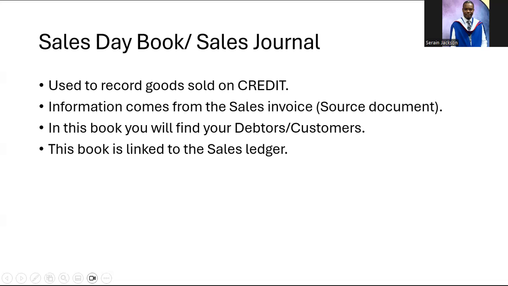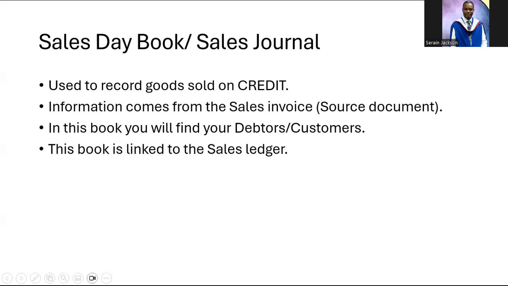Now in this book, you will find your debtors or your customers, you can call them, right? And this book is linked to the sales ledger. So it is important that you remember that this book is linked to the sales ledger, right? And if you remember from my last video, when we were talking about the purchases journal or the purchases daybook, you'll remember that I said that the purchases daybook is linked to the purchases ledger.